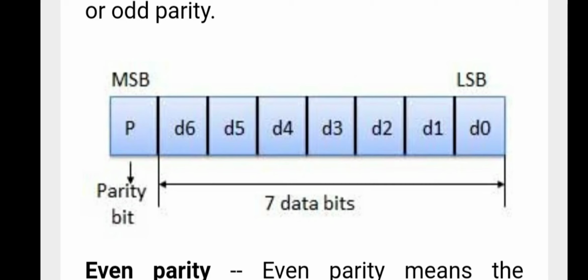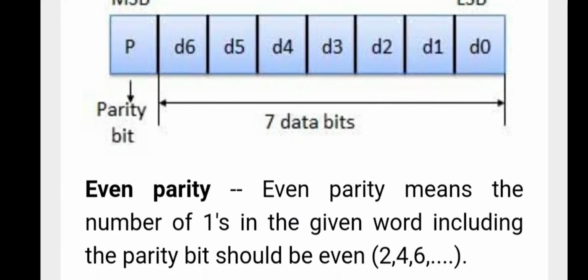Data is transmitted in the form of zeros and ones only. If the number of ones including the parity bit is even, then it is called even parity. And if the number of ones including the parity bit is odd, then that is called odd parity.